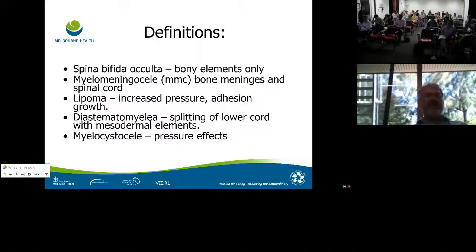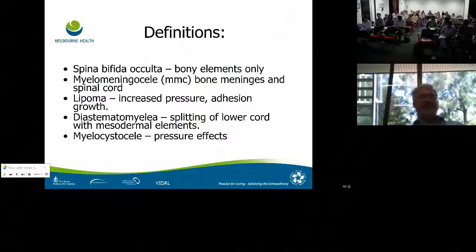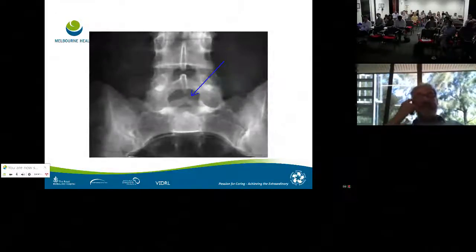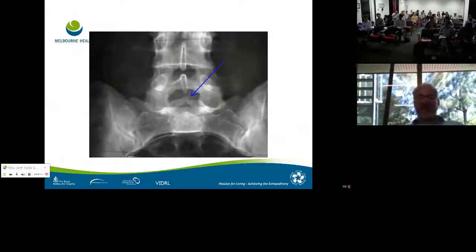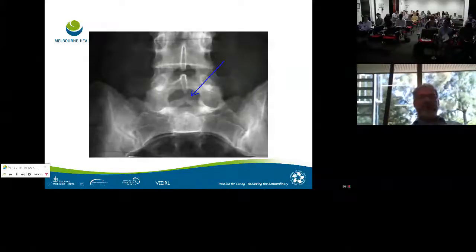But there can also be lipomas leading to adhesions and pressure, diastematomyelia with splitting of the lower cord, and myelocystocele. When you do MRIs, you can find these associated with pressure effects. So that's a bony lesion in occulta, and you can see the lack of a spinous process present there.